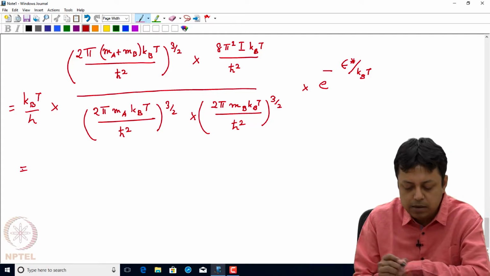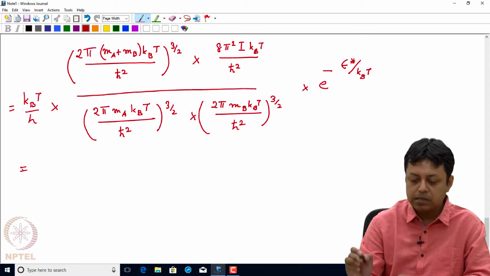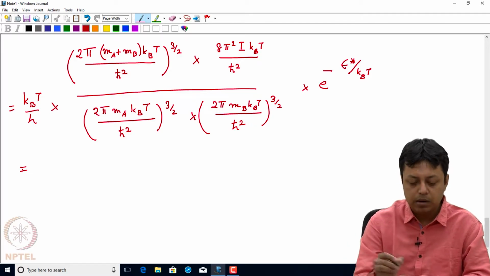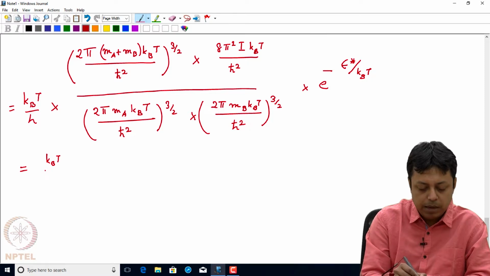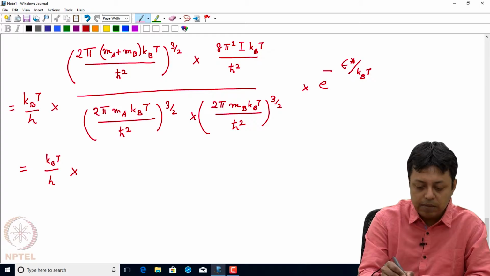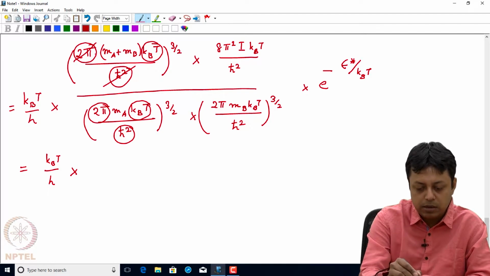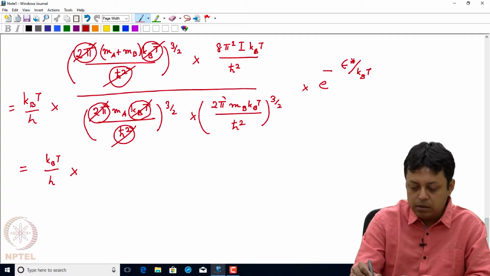So what we get here, you can notice carefully, let us first calculate the 3 by 2 terms. I have kBT by h times, as you can see, 2 pi here, kBT here, and h bar squared here. That will cancel with this. So these things will cancel with each other. Now what I am left with is 1 over 2 pi kBT by h bar squared in the denominator.